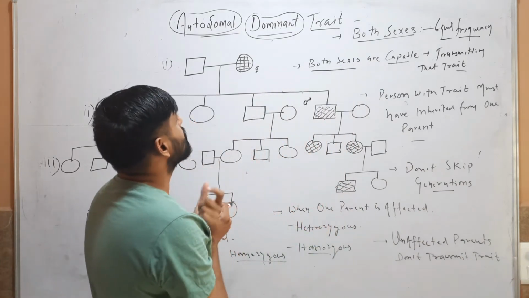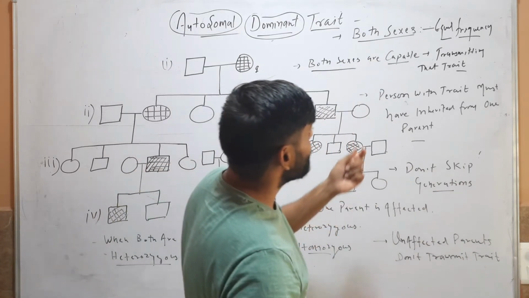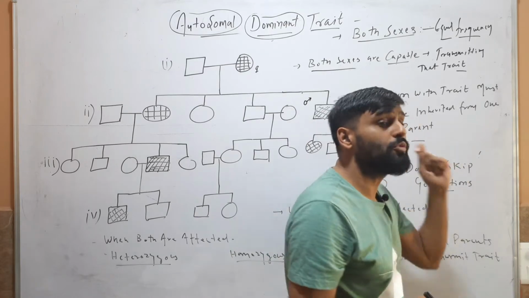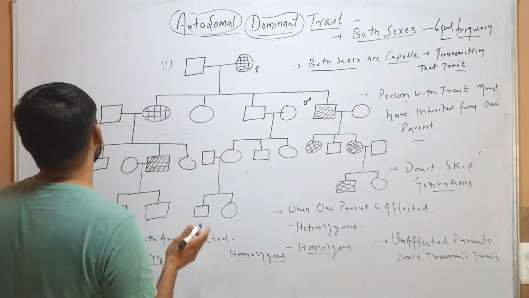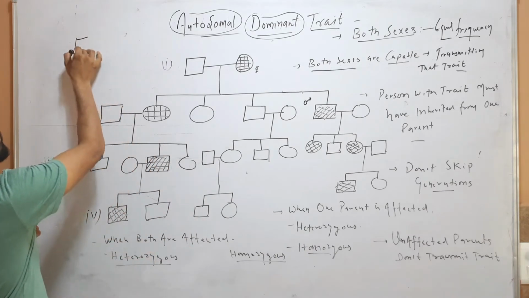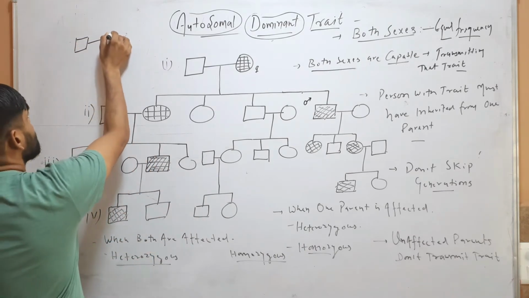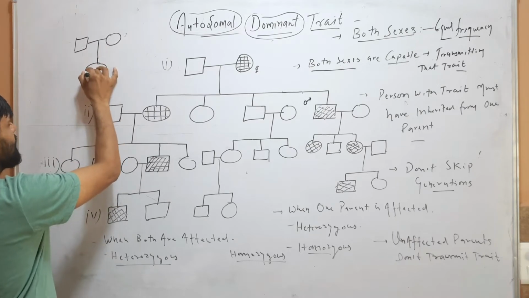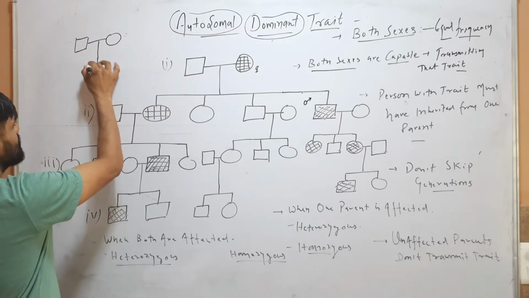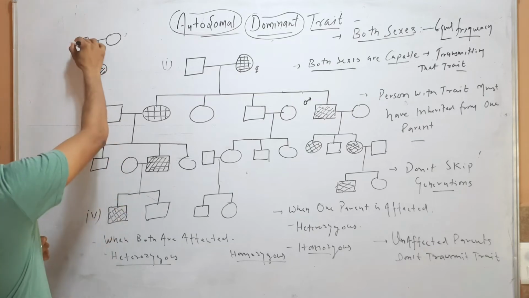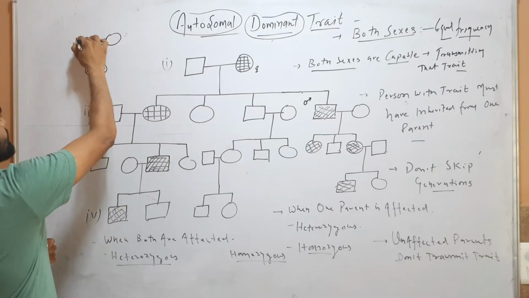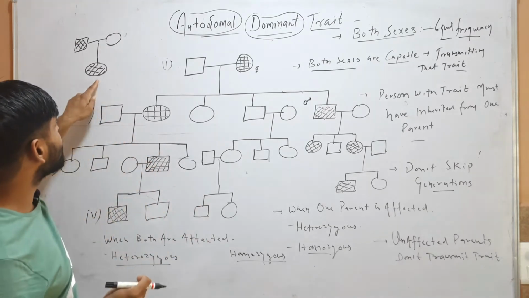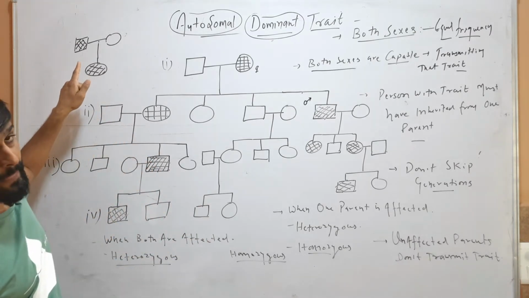The next character of autosomal dominant trait is that a person with an autosomal dominant trait must have inherited it from one parent. Suppose these are parents and this is the offspring, and this offspring is affected. Then it must have inherited that trait from an affected parent.